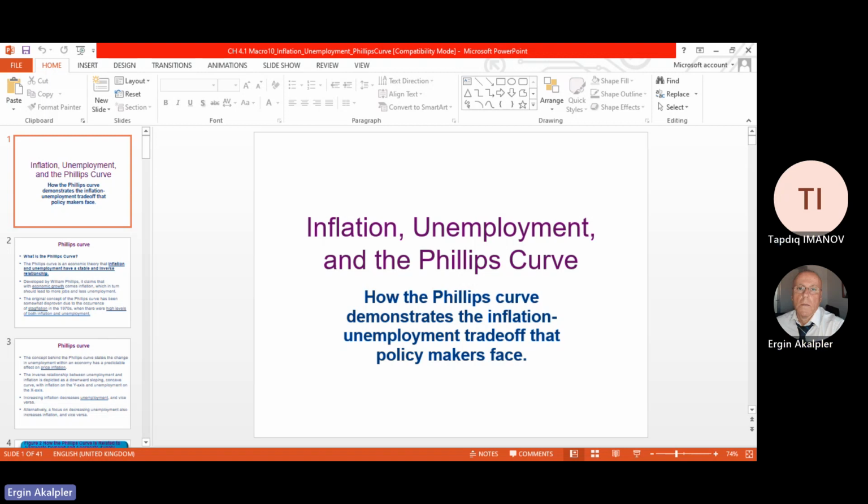No problem. Okay, inflation, unemployment, and the Phillips curve. We are going to exercise and introduce how the Phillips curve is affecting and changing most of the beliefs in the economy.